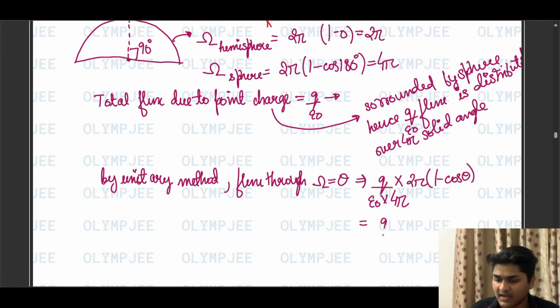So this will be given by q by 2 epsilon naught 1 minus cos theta, which is the answer.